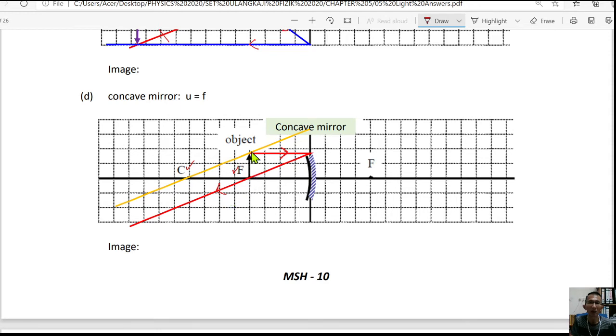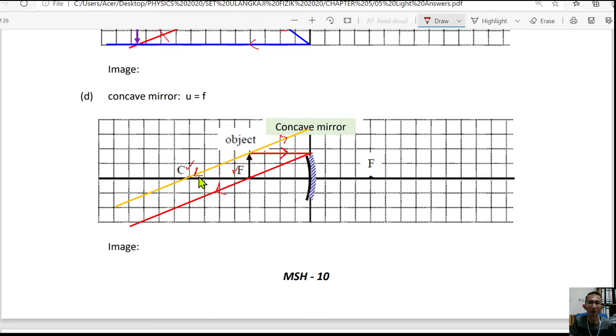I don't want to draw going through F because it will mean nothing. So I will draw a line passing through C. What do I know about the line passing through C? It will hit the mirror and be reflected on the same line.